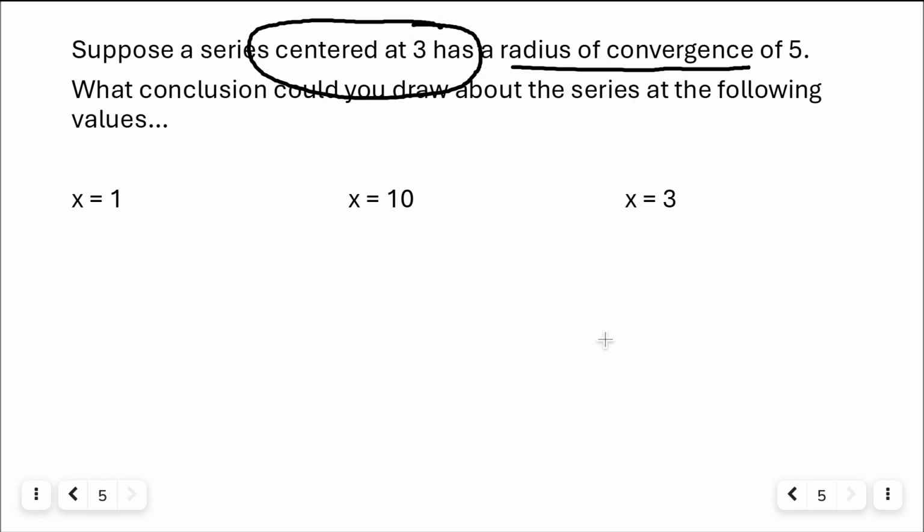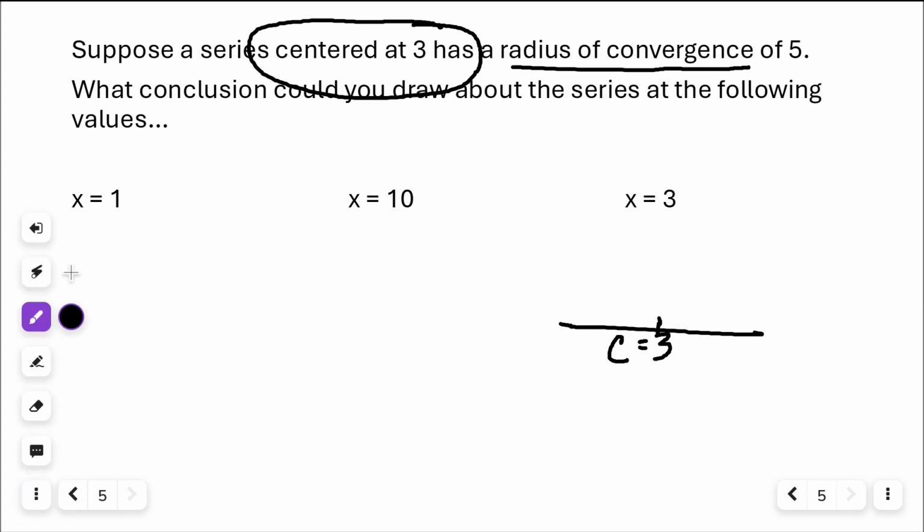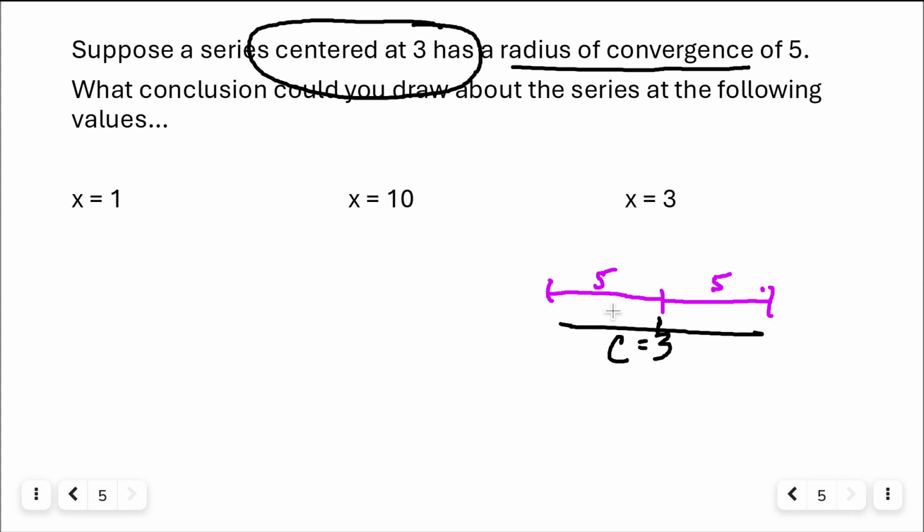So, for example, if the series is centered at 3, here's 3, and the radius of convergence is 5, that means I can go 5 units in either direction from 3, and I know the series converges.